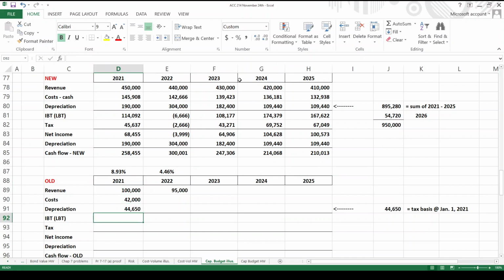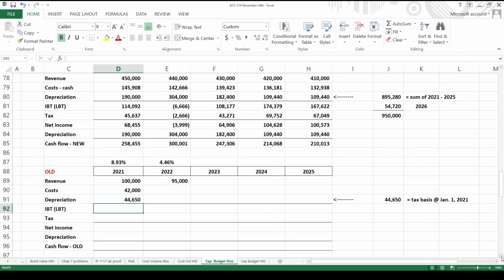Okay, what's the IBT? Well, at this point, we could actually just copy these formulas here, but I'm going to redo it. Okay, let's take your 100,000, subtract your 42, subtract your 44,650.